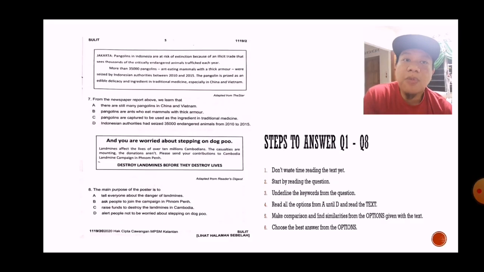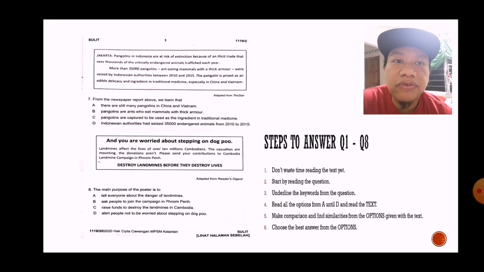Wow. Okay, next let us read the text. Jakarta. Pangolins in Indonesia are at risk of extinction because of an illicit trade. Okay, illicit trade ni maksudnya perdagangan secara haram lah, that sees thousands of the critically endangered animals trafficked each year.